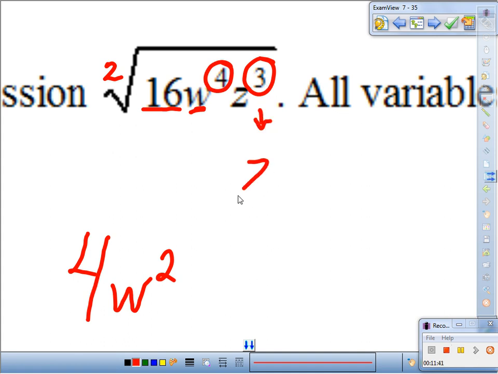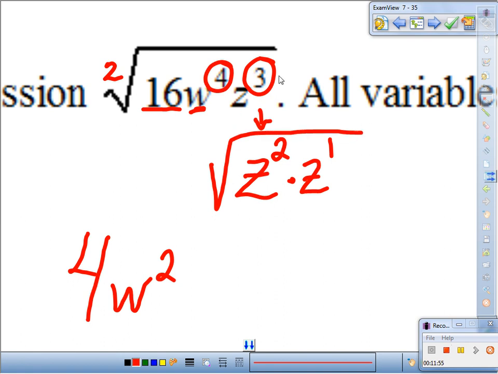This becomes z to the 2nd times z to the 1st. How did I get that? You just take away 1 from that number and you make it an even number and an odd number. From there, we rewrite it. There it is. We no longer use this one. We're done with anything here. Now we're focusing here. What is 2 divided by 2? 1.